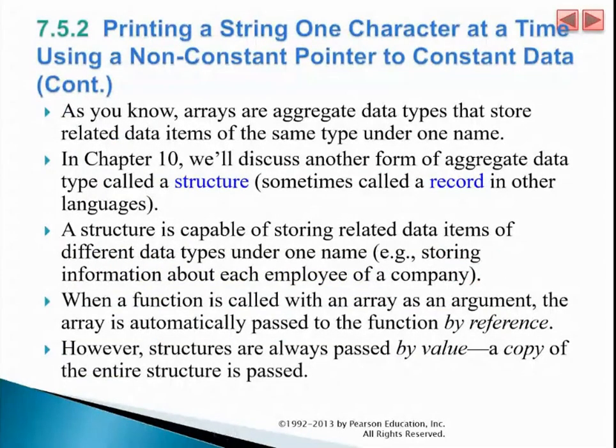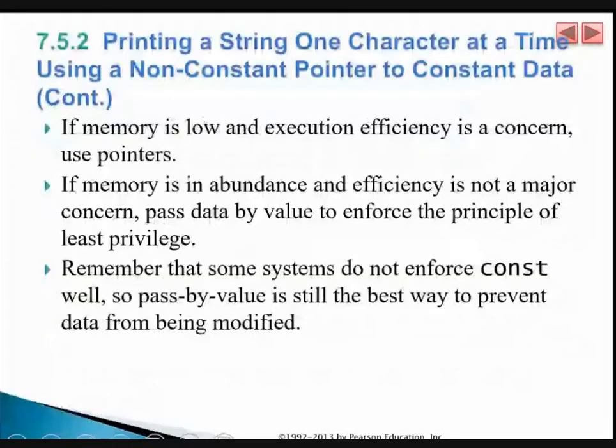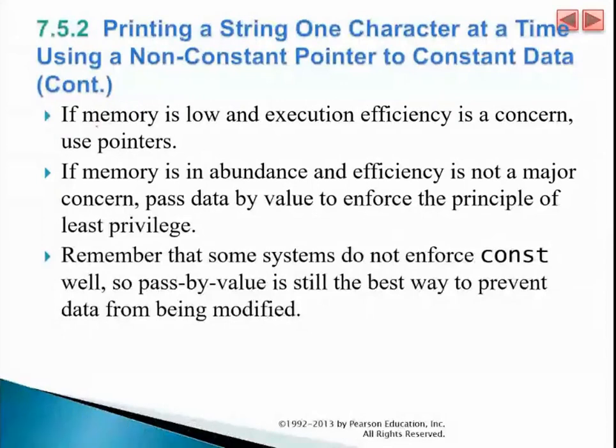Now let's see how it is possible to... we have seen that if the memory is low and execution efficiency is a concern, then use pointers because there is no need to make another copy of the object. If the memory is abundant, and efficiency is not a major issue, it is allowed to make the copy.